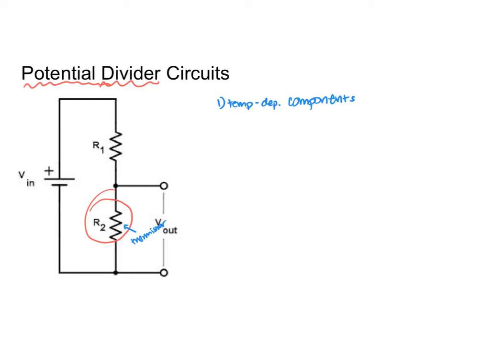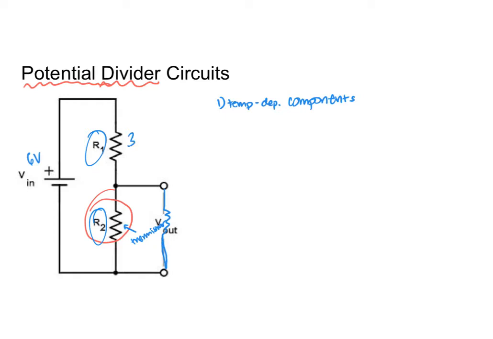I also might use this circuit if, for example, I have only one battery in my lab, and my battery has a voltage of 6 volts, and I only want a circuit with 3 volts. What I can do is make sure that these two resistors are equal, and then I can put in a third resistor here across that voltage divide.